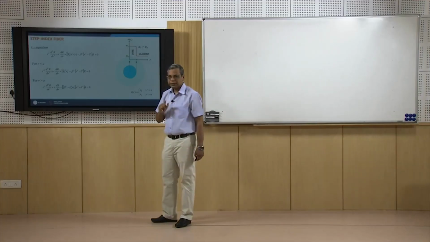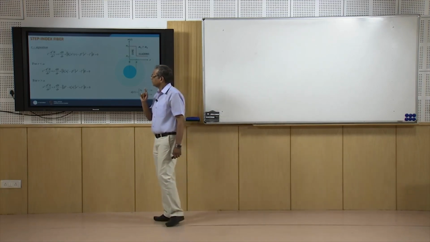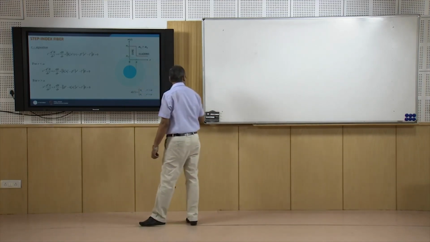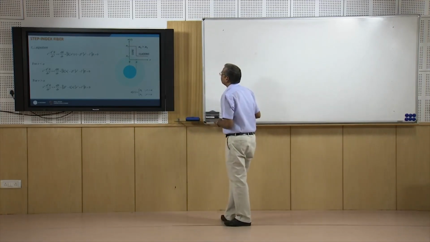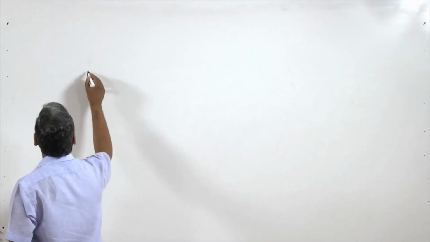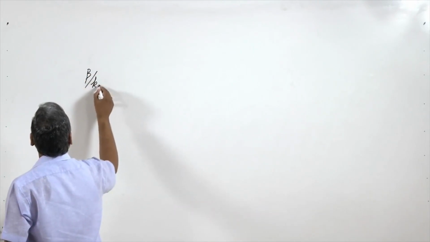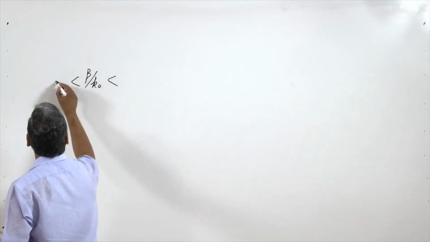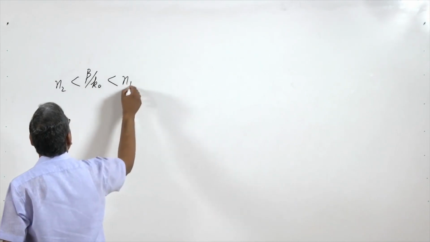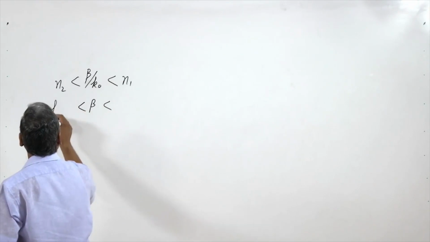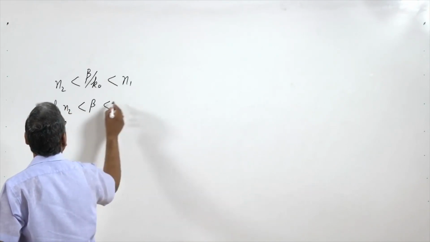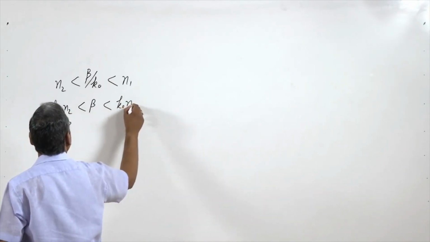We should pay attention again that for guided modes, beta over k naught should lie between n2 and n1. So beta lies between k naught n2 and k naught n1.